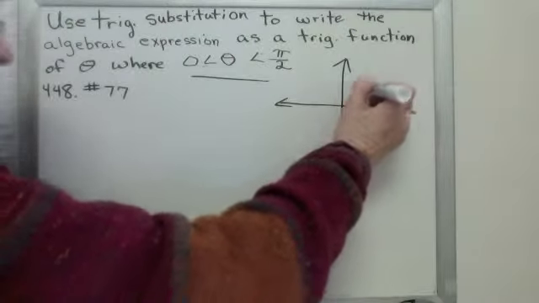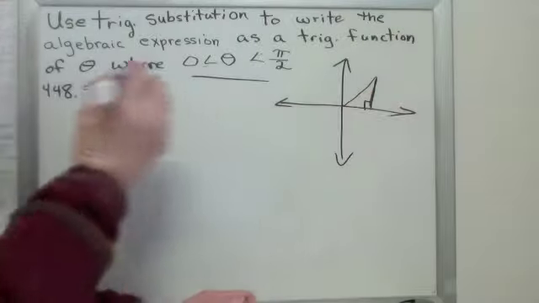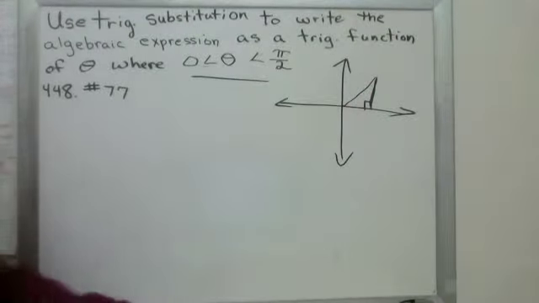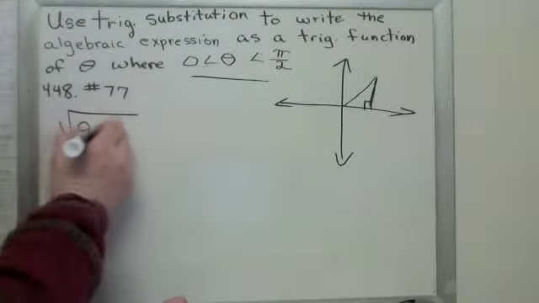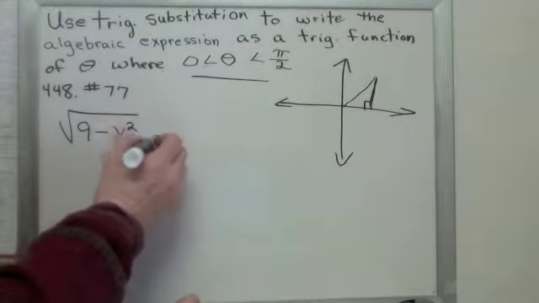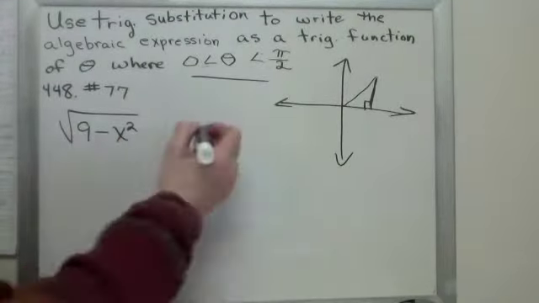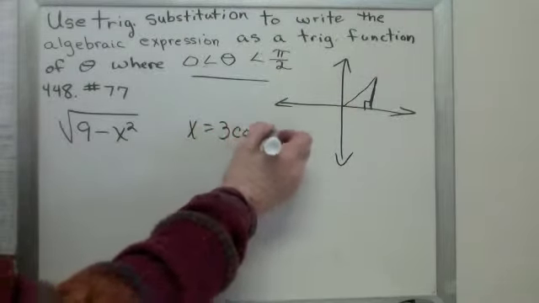So we're dealing with trig functions of right triangles here, so we draw a right triangle. And based on the clue we are given, the problem in 77 says this, the square root of 9 minus x squared, and then they want us to use x equals 3 cosine theta.